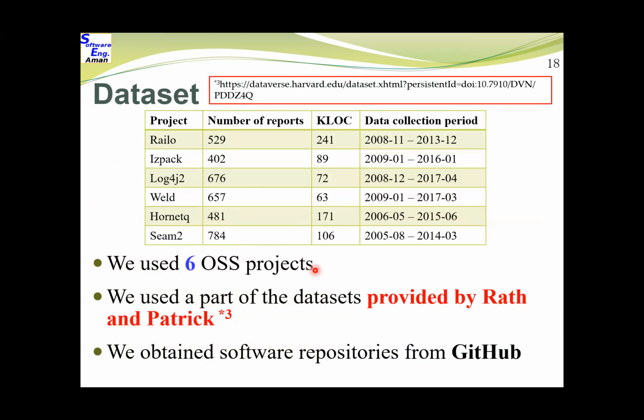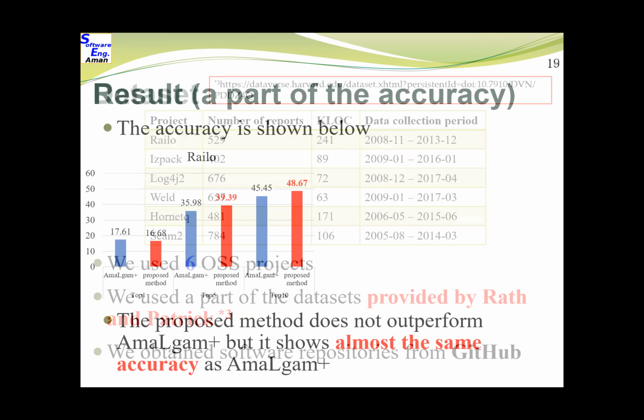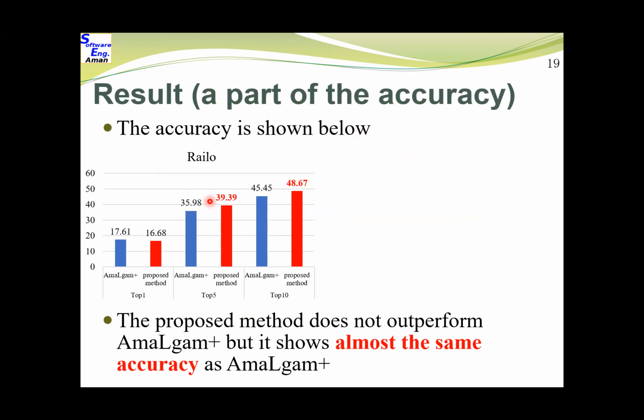As the dataset, we use 6 OSS projects, which are part of the dataset provided by Russ and Patrick, and we obtained the software repositories from GitHub. So I will show the result for part of the accuracy. In the figure, the blue bars represent the accuracy of amalgam plus, and the red bars represent the accuracy of the proposed method.